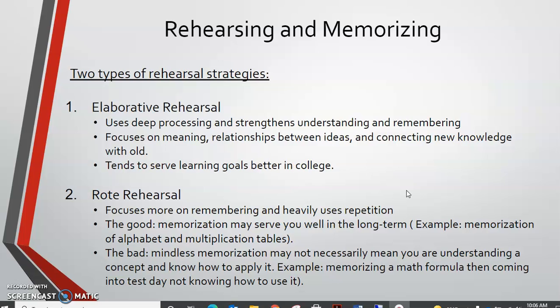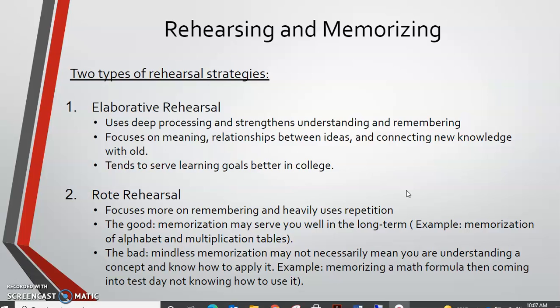So it's connecting new with the old. It tends to serve learning goals better for college students, especially when you are learning really complicated concepts and trying to make sure that you are not only learning but applying that information.